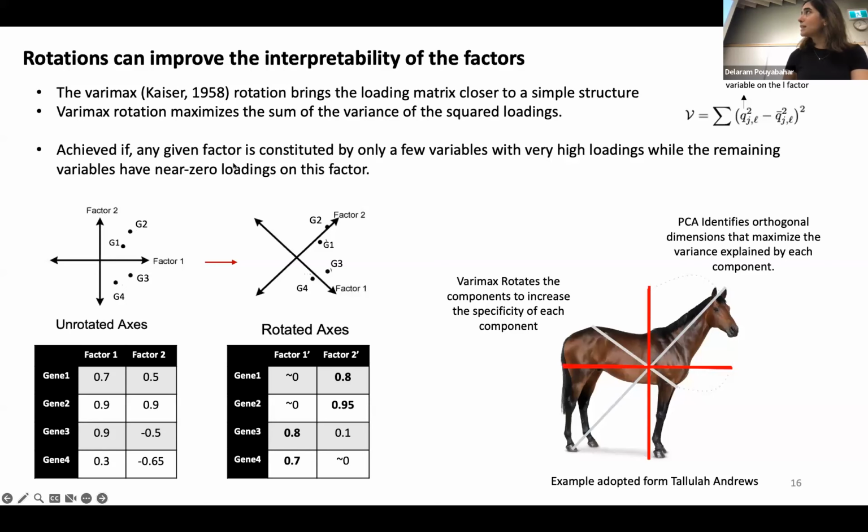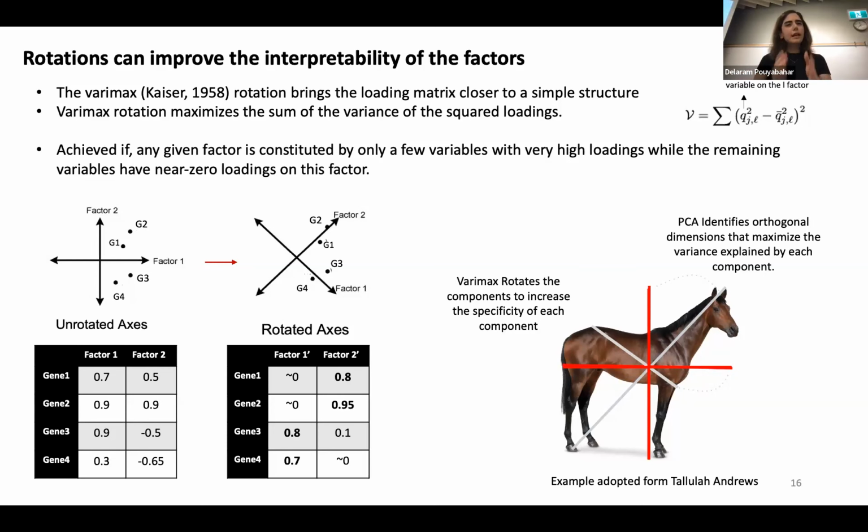And basically the way that it achieves this more interpretability is that for any given factor, usually you end up with factors where a few of the features have very high loadings and the rest of them are loaded close to zero.